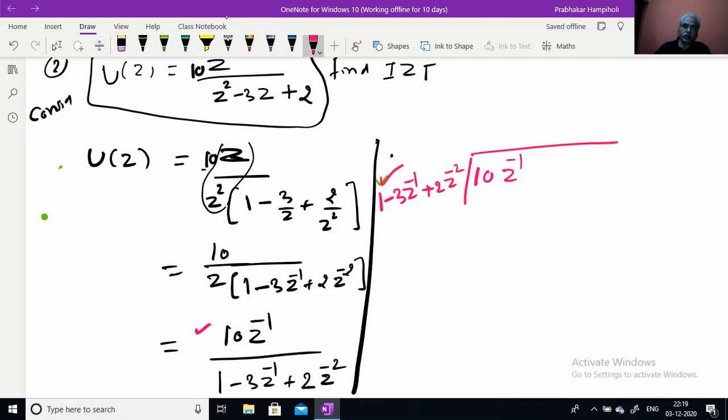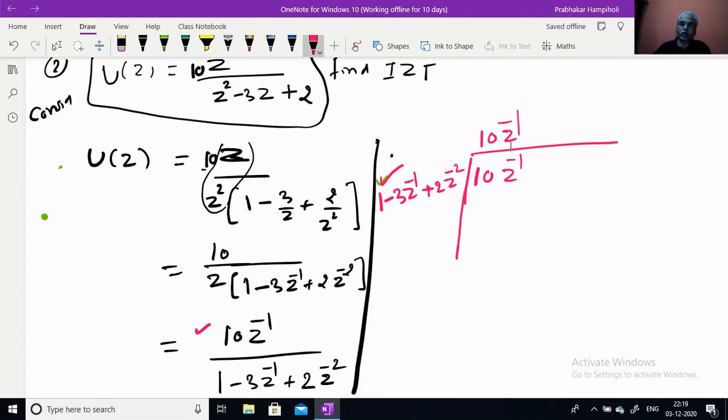So now you look at the first term. To make it 10 times z raised to minus 1, you have to multiply by 10 times z raised to minus 1 to all these terms and keep it here.